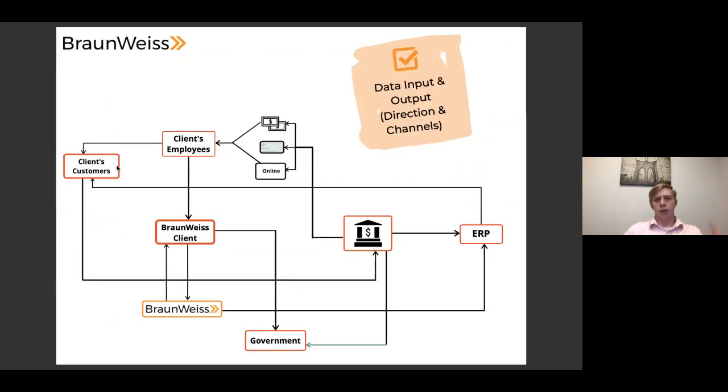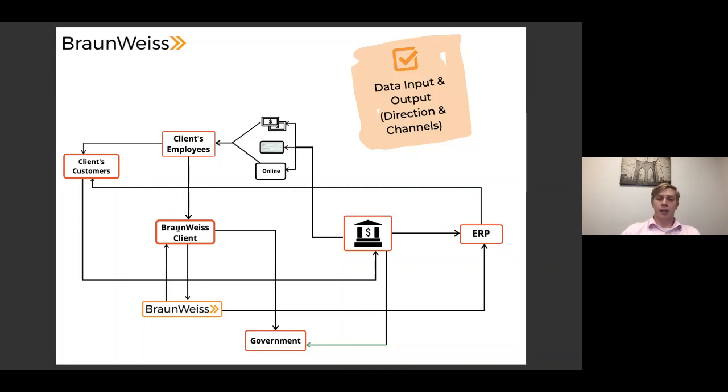So let's talk about the data input and data output for this process. If you see here, there are a lot of arrows, and it can be very overwhelming at first until we break it down line by line. It's the exact same process I was just talking about. Here's the client. As you see, the client's employees are sending them timesheets. From here, the client's customers are also paying their invoices, which go directly to the bank.